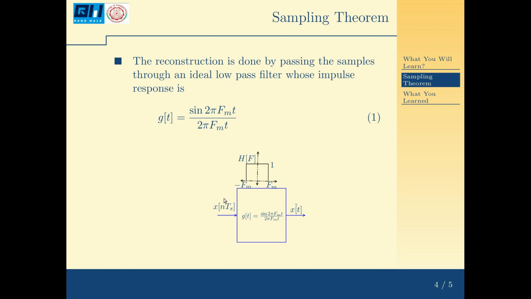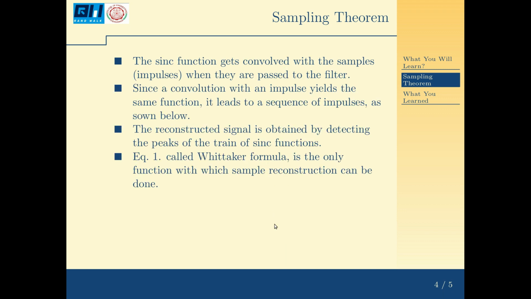Now what happens is, when I pass these samples through this filter, x(nTs) is convolved with this g(t), and let us see how this convolution happens. The sinc function gets convolved with the samples, or impulses, when they are passed through the filter. These samples are basically impulses.